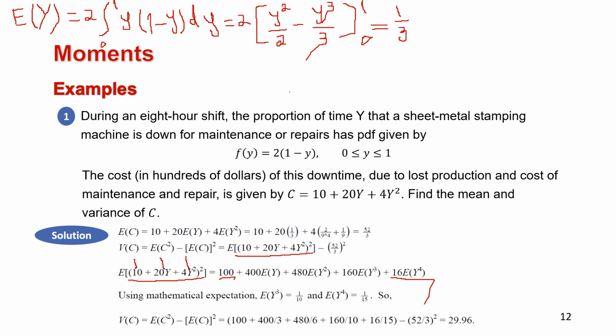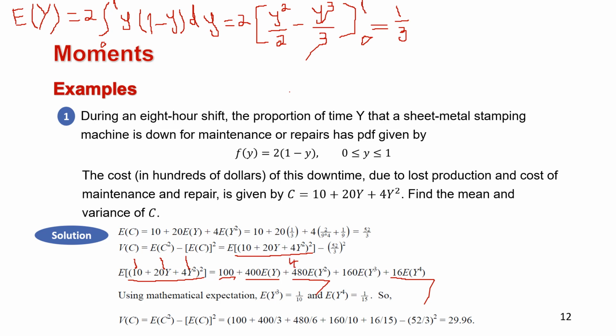And then let's take 2 times 10 times 20y, which is 400y. And then 2 times 10 times 4y square, which is 80y square.